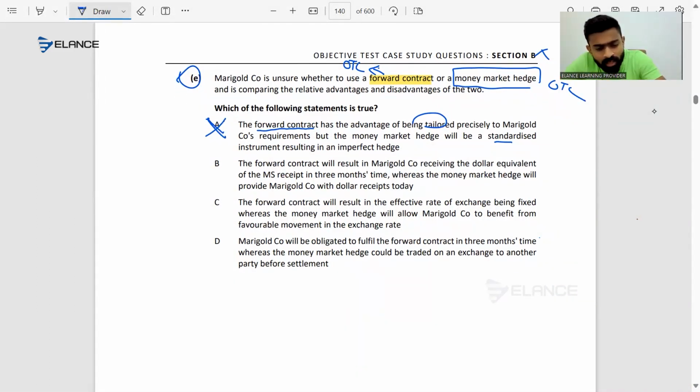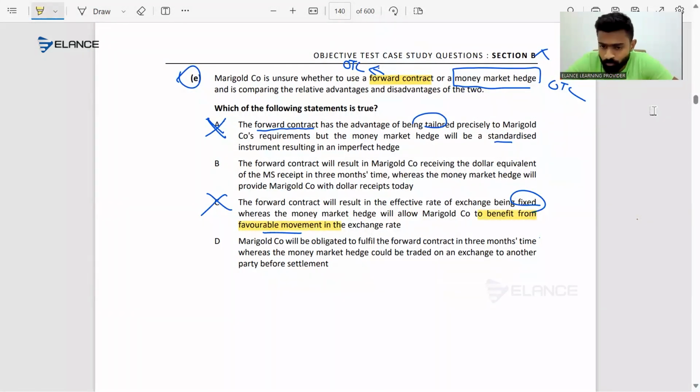Option C. The forward contract will result in a rate being fixed, but a money market hedge will allow us to benefit from favorable movement. Wrong. Only one contract will give us the benefit of favorable movement. Which one is it? It's not MMH.